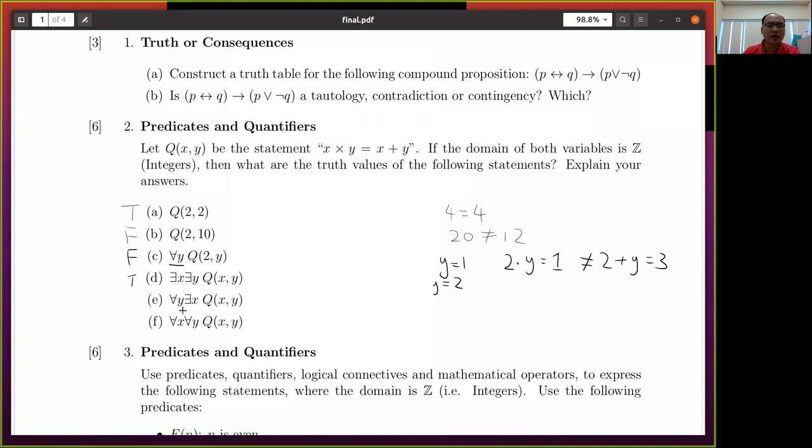The next one says for every y, there's some x that can make this true. So no matter what y you give me, I can always find an x that makes it work. So x times y equals x plus y, and y is given. I have to figure out if for any possible value of y, I can find an x that makes this equation true. So I try to solve for x given y.